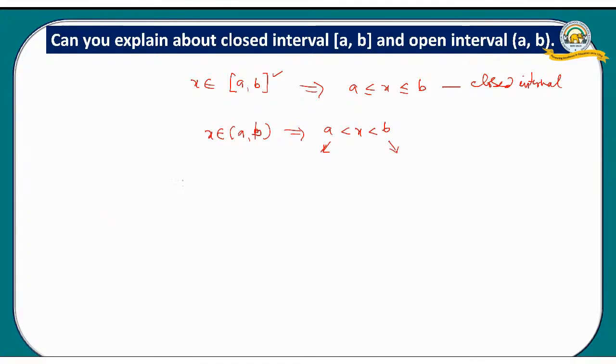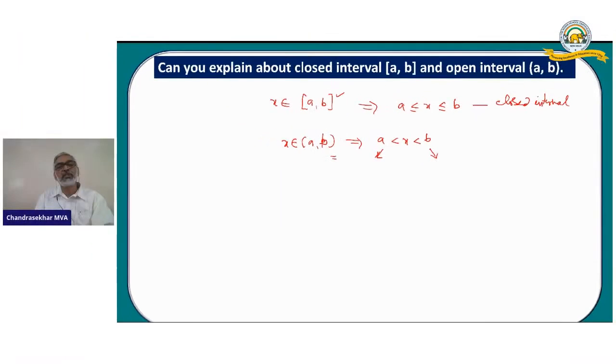If you include the extreme values, it becomes the closed interval. If you exclude the extreme values, it becomes the open interval. The closed interval is represented by a square bracket. The open interval is represented by parentheses. Is it clear? I hope you understood the basic difference between the closed interval and open interval.